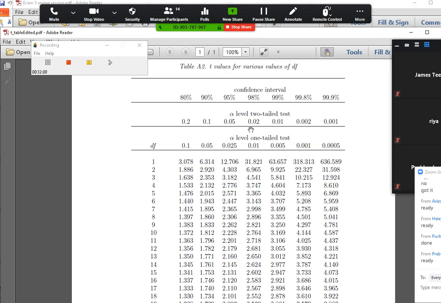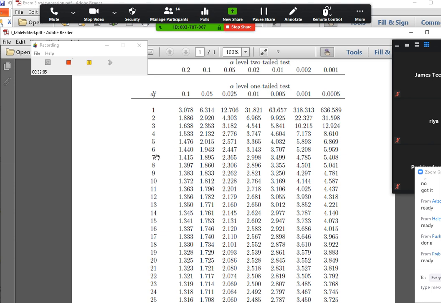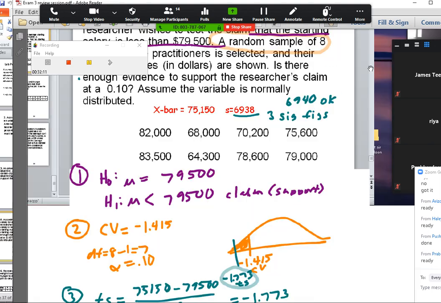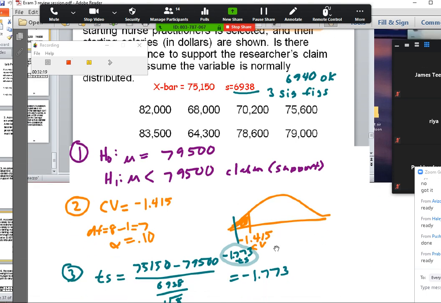Alpha is one-tailed, 0.1 is my alpha, and I want degrees of freedom 7, so 1.415. It's negative because it's left-tailed, less than. So negative 1.415, that's my critical value.